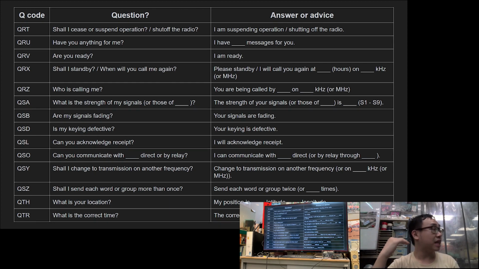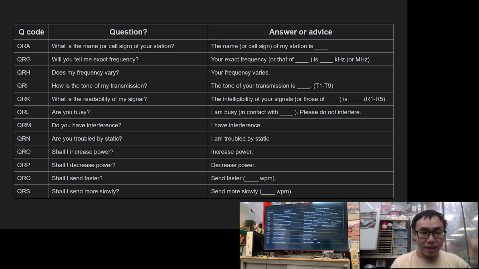If someone says that your signal is fading, QSB, you know that the ionosphere is fluctuating. The conversation will go really quick, and they will end it as soon as possible, because they know the weather is not suitable for a longer conversation. QSB.